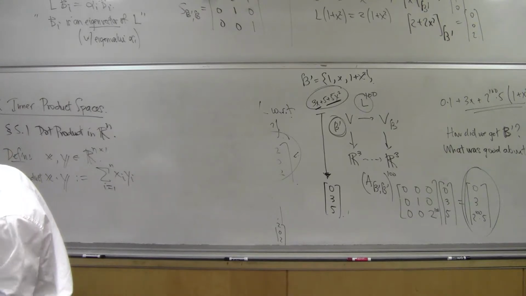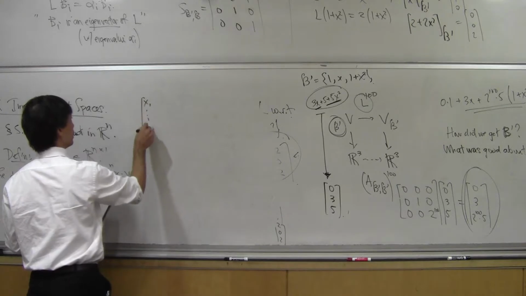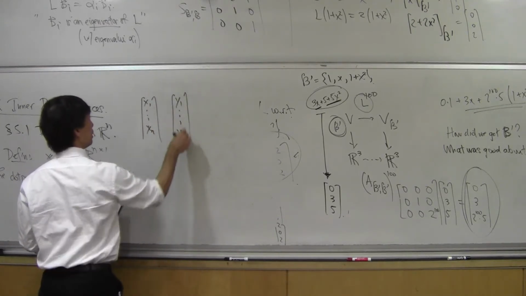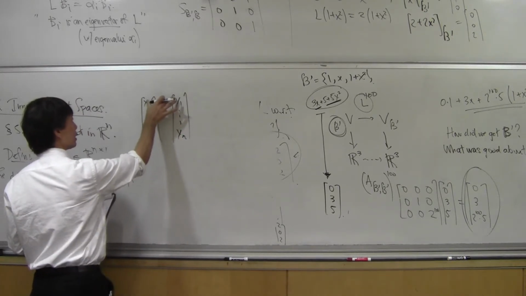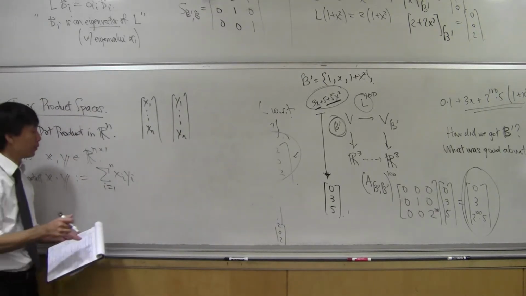You have these two vectors, x1 through xn, y1 through yn, and then you take the products of the corresponding components, and then add up all those products, and that's the dot product. You've all seen this before.